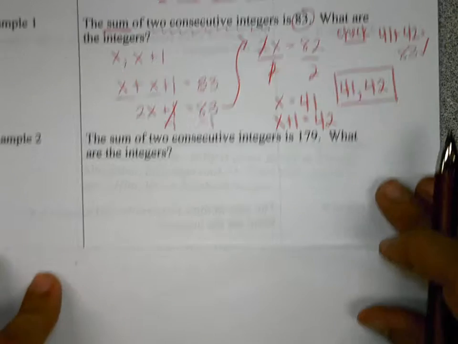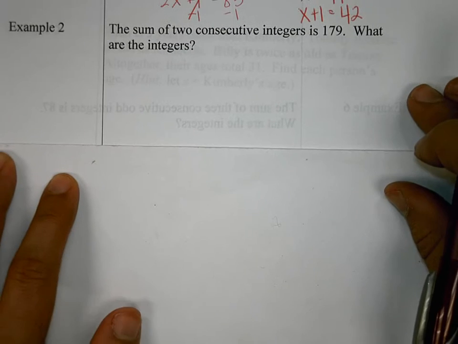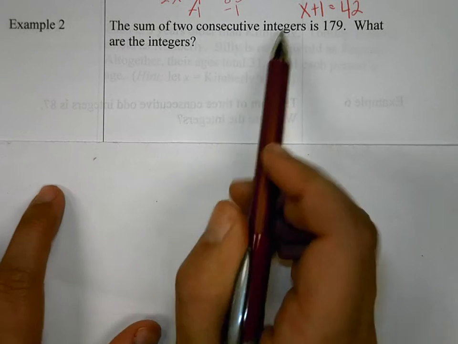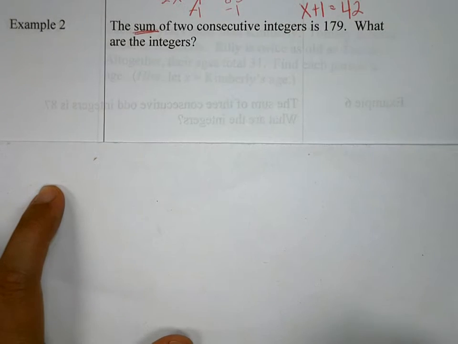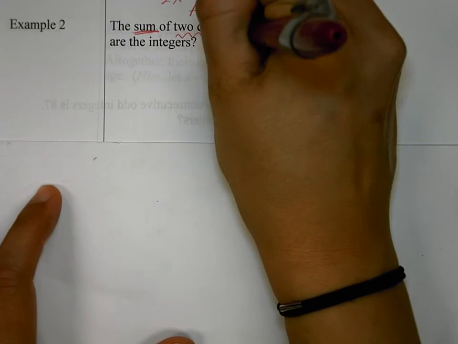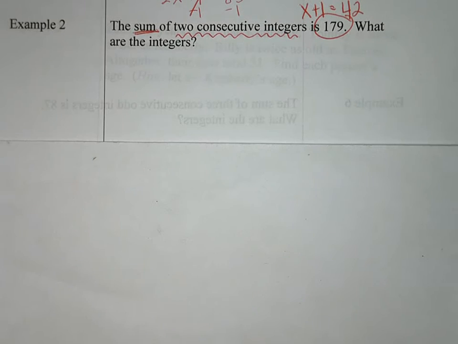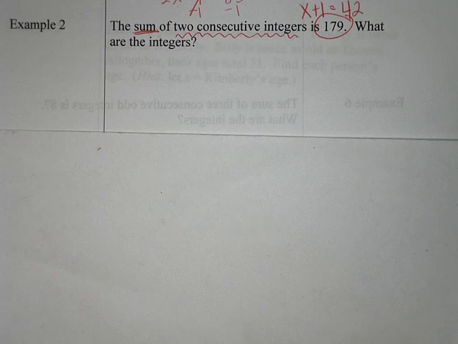So example number 2. The sum of two consecutive integers, so we're looking for a sum again, of two consecutive integers is 179. What are the integers?